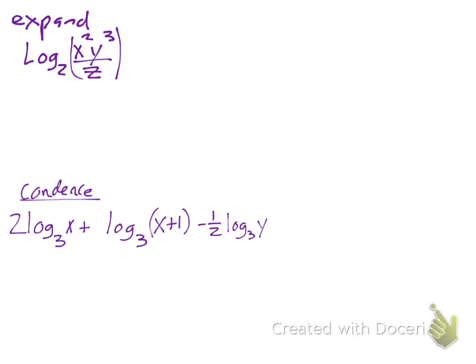So let's do this first part first. Log base 3 of x squared plus log base 3 of x plus 1. So then we're going to decide. I'm going to tell you guys, leave the sign alone.